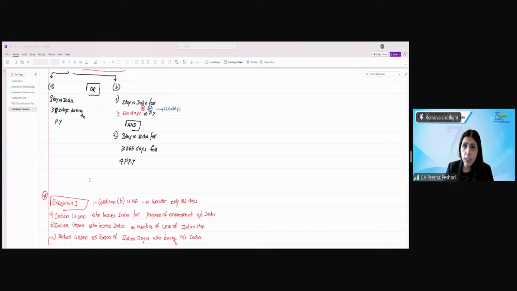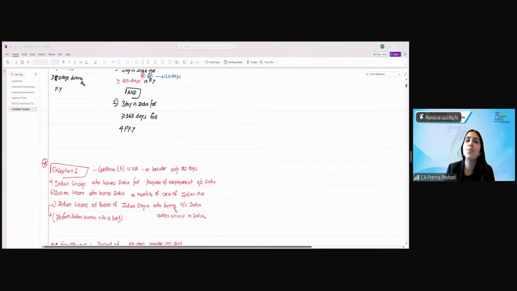Because even if my parents are Indian citizens, here they talk about the Indian citizen, not the person of Indian origin. There's a distinction between the two. Just because my parents are Indian citizens, I do not become an Indian citizen. I can still be the citizen of some other country. Had they said Indian citizen or PIO who leaves India for the purpose of employment, then you would have considered 182.